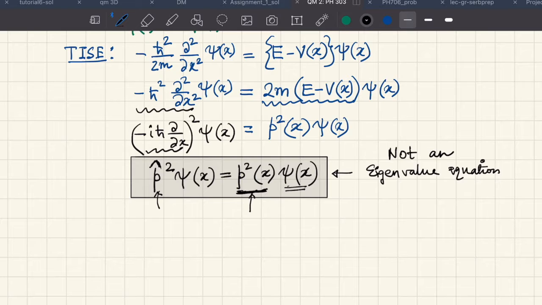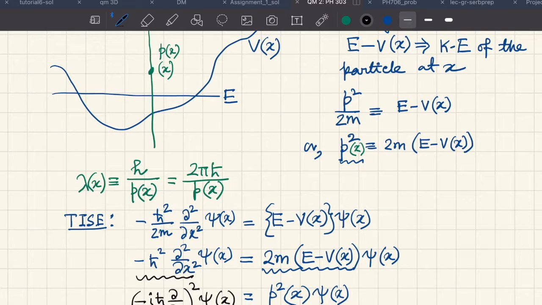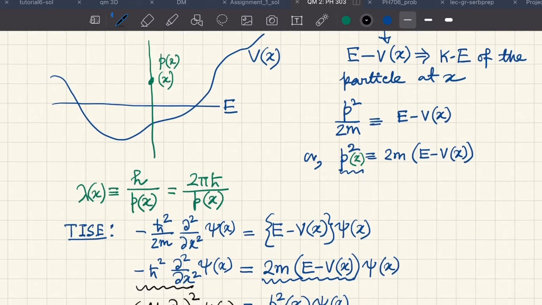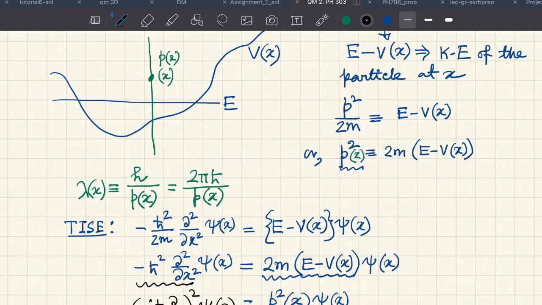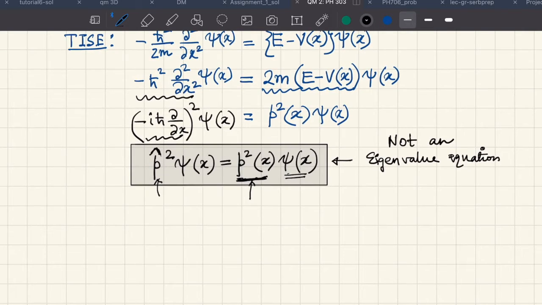Now we also know that there are two different regimes in this plot. If I look at this plot of V(x), where the particle is moving with a particular energy, there are two different regions. One we prefer to call the classically allowed region.